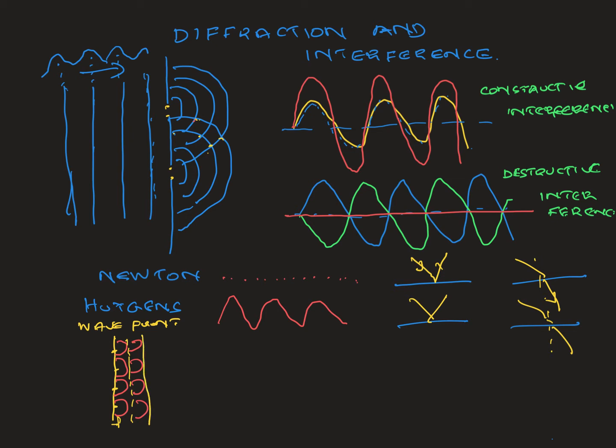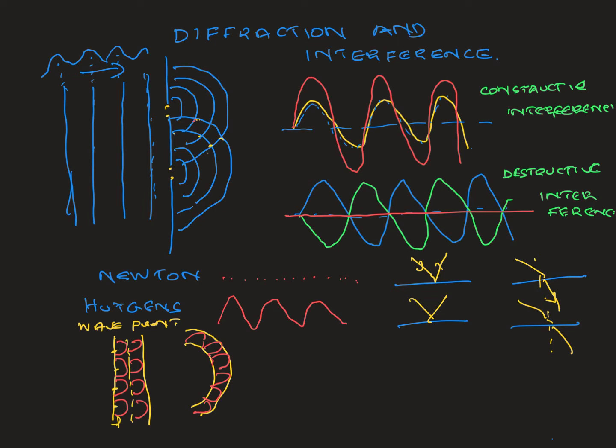And if it's a circular one, then the light would propagate like that. So if it's a point source, you would see the circular waves propagating like that.